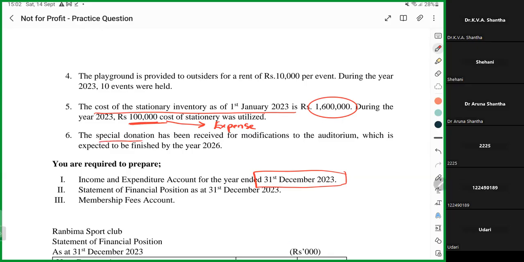Then you see special donations. You can remember donations are two types, general and special. You see special donation has been received for modification to the auditorium. Now your club is modifying the auditorium. For that, you receive special donation.